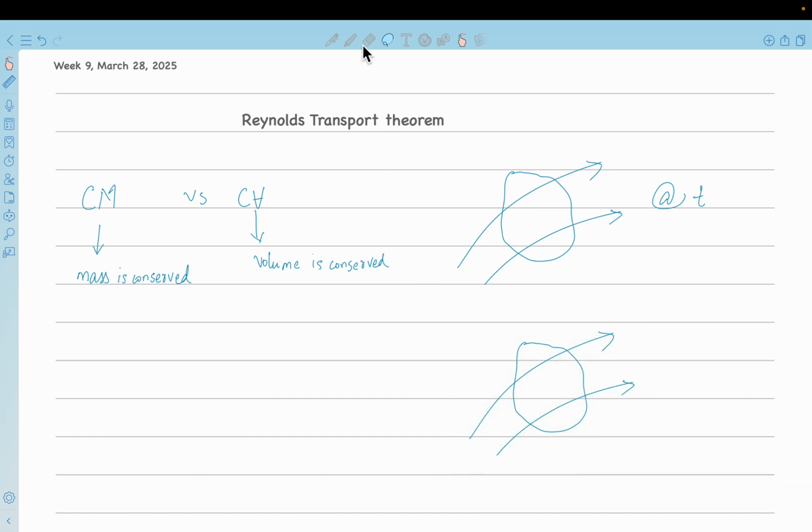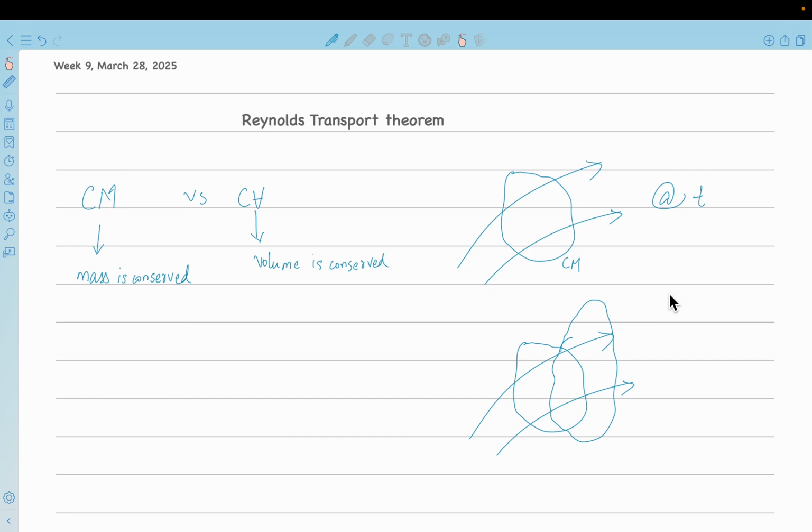Now at the next time instant it is possible that this control mass, so this is your control mass, its shape has changed completely. What I'm conserving here is mass; the volume has changed, and the mass is conserved in this region. And there is flow.